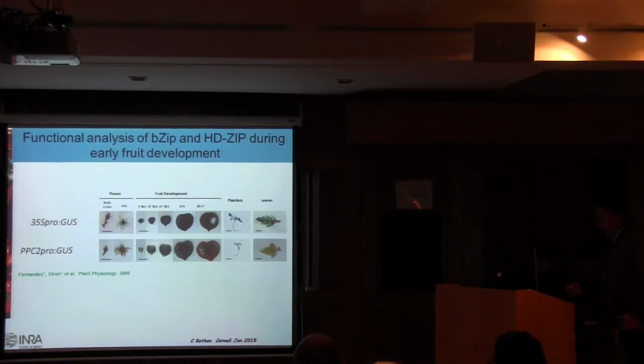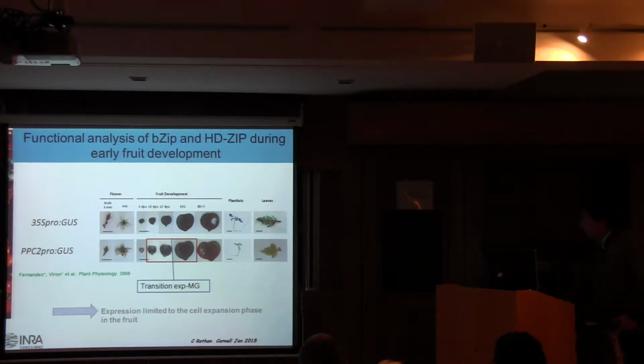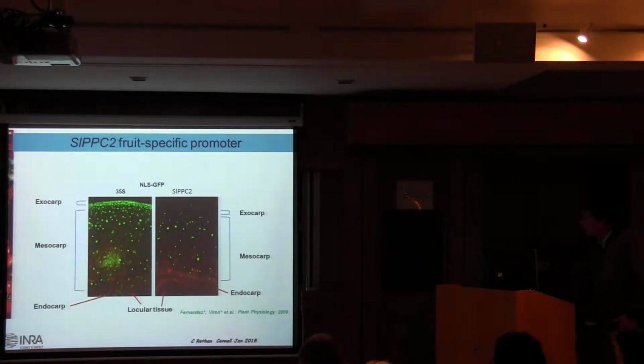So we have been using the tools available, what we developed before: a fruit-specific promoter that is strongly expressed during the cell expansion stage. This promoter drives expression specifically in the cells that are undergoing expansion in the fruit. This is in comparison to 35S as a promoter.